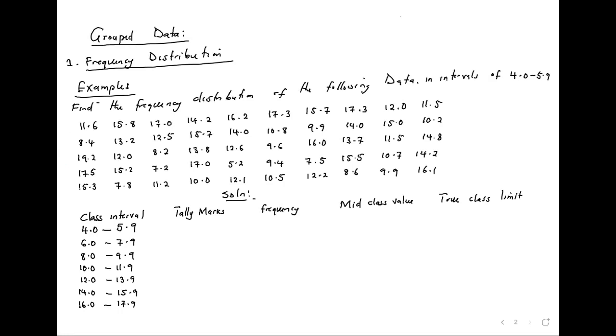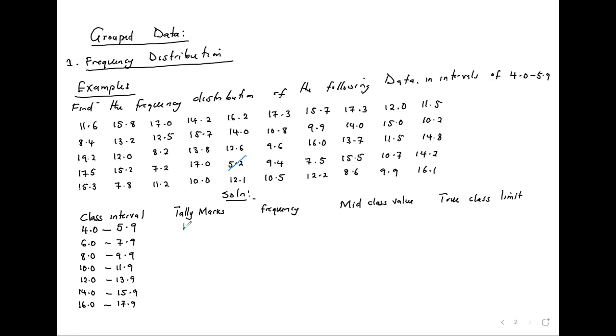Fourth column, nothing. 5, there's 1 here. So we count 1 and put a tally here, 1. In the next ones, nothing, nothing, nothing. So it's just 1.